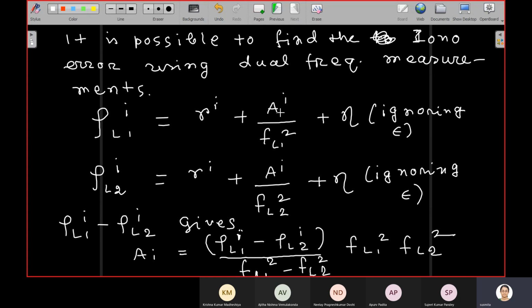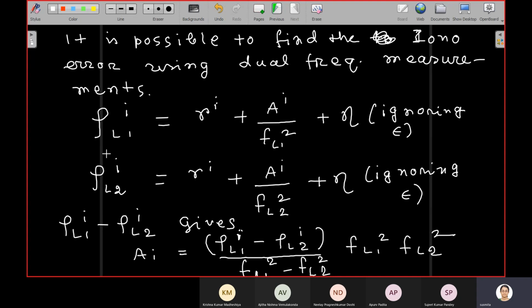Next, what can we do? We can put this here, right? And then subtract this term from this pseudo range. The resulting term will not have ionospheric error. The downside of this is that epsilon would be increased.